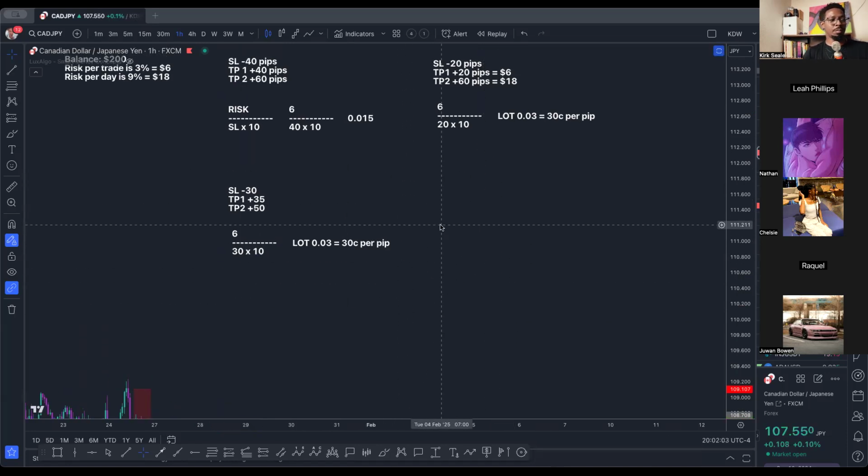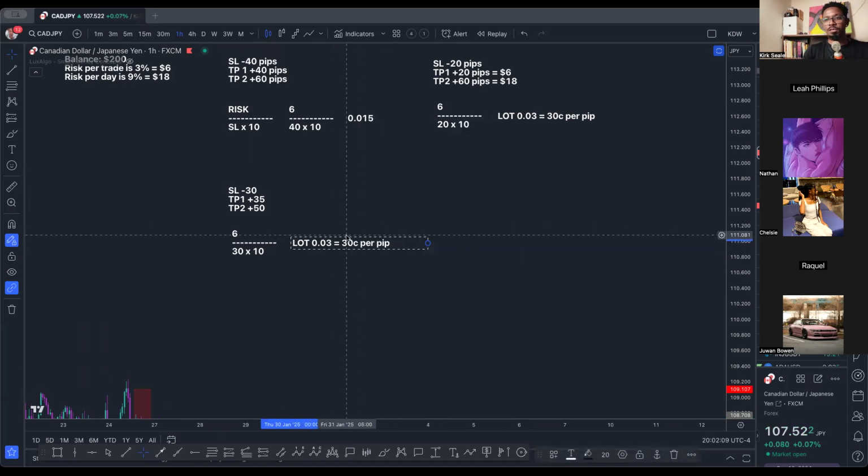What should my lot size be? All right, 0.02. Fantastic. And how much money per pip is 0.02 worth? How many cents?